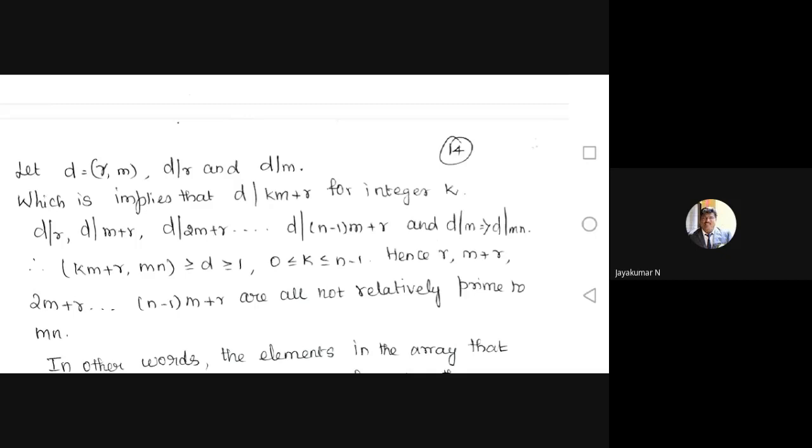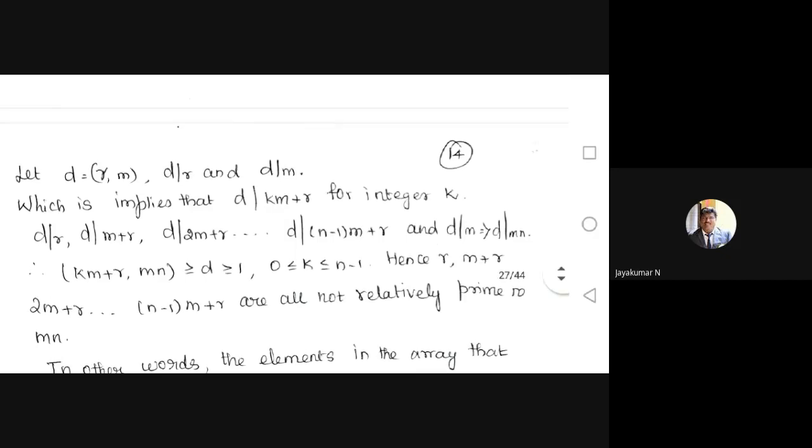So from that we can say that D divides R, M plus R, 2M plus R, up to n minus 1 into M plus R. Therefore R, M plus R, 2M plus R, up to n minus 1 into M plus R are not relatively prime to Mn.